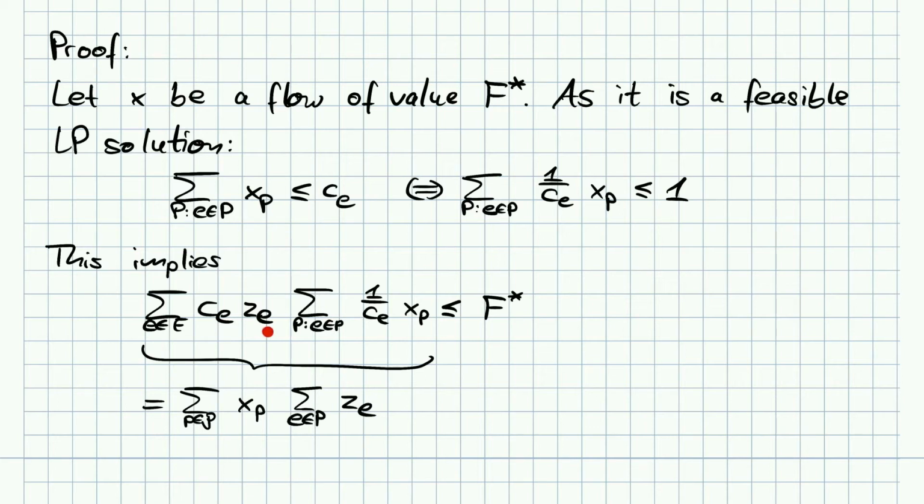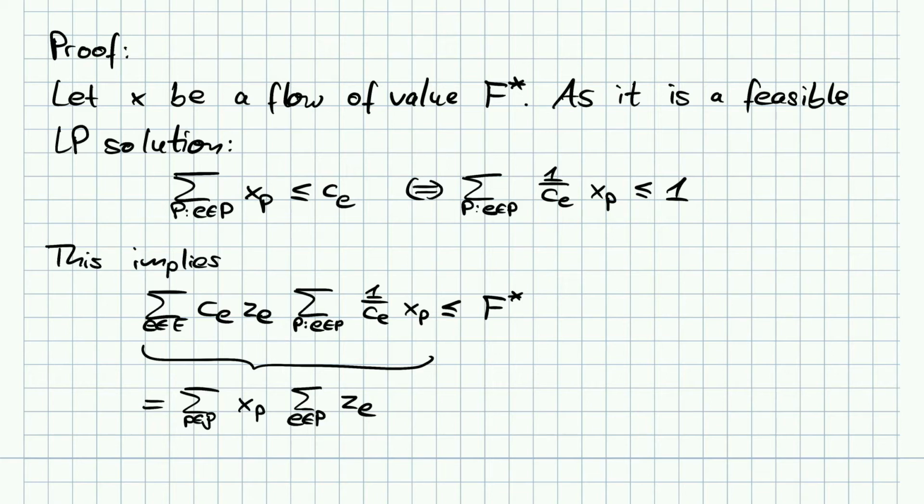Because every edge is appearing on every path here, so we're summing up over all edges and then over all paths which contain this edge. Now we're first summing over all paths and then we're summing up over all edges that are contained in this path.